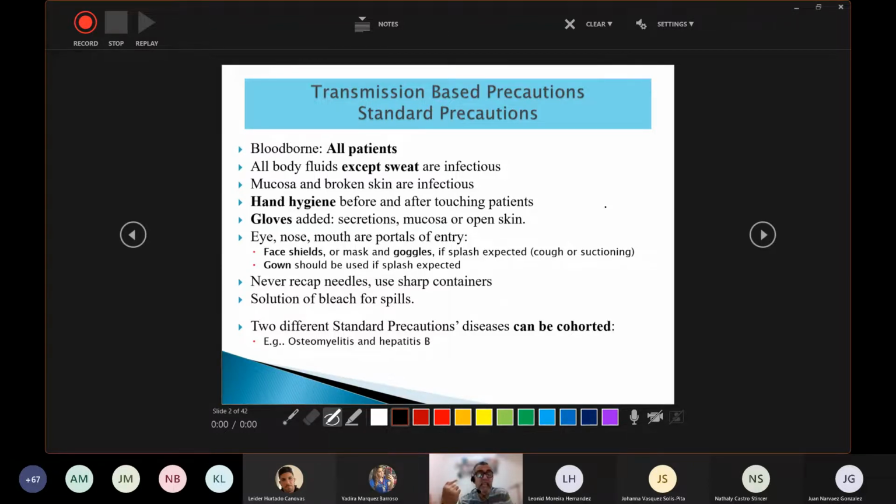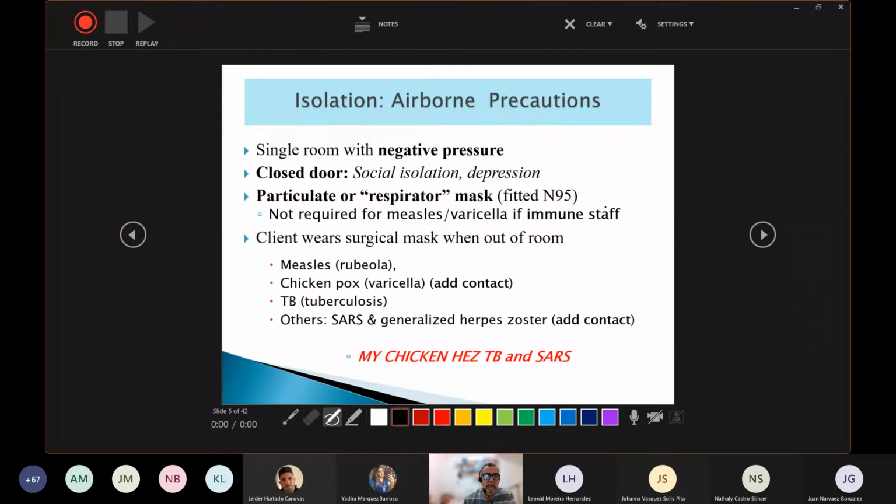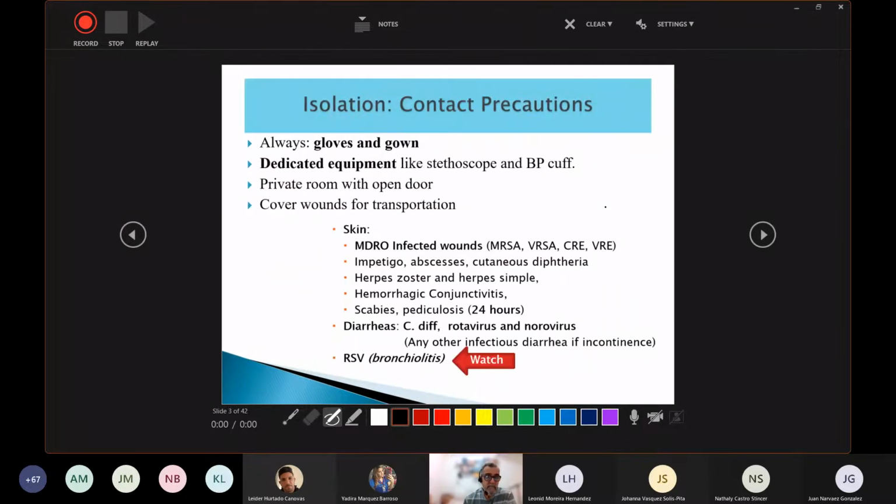It's much, much easier to learn the diseases that are contact, droplet, and airborne because there are fewer.